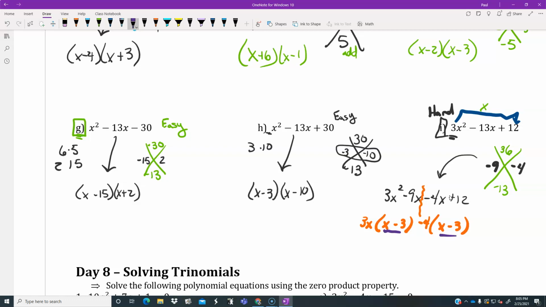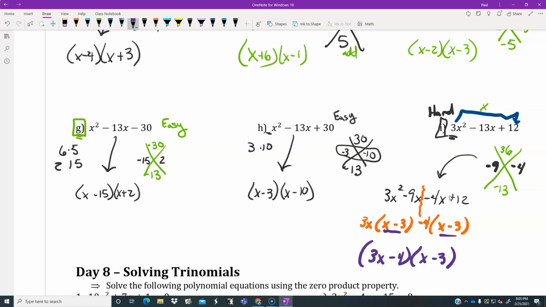If they match, you're doing good. If they don't match, you haven't taken enough out. The outsides become one of the bubbles, 3x minus 4, so these outside pieces become one bubble, and the bubble that matches becomes the other one. And that is your factored form.